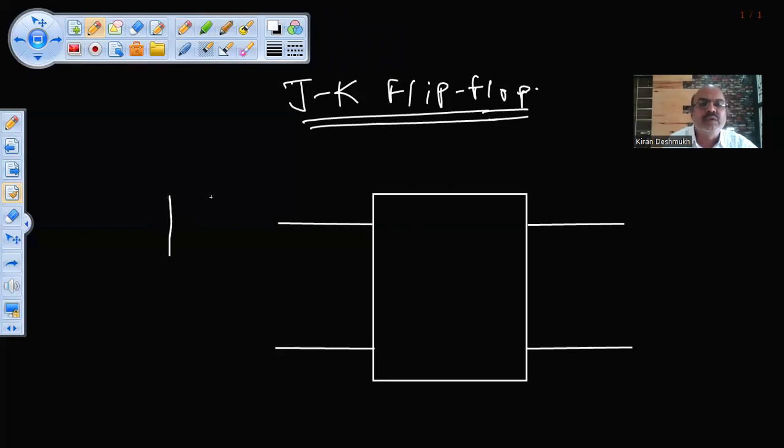Instead of using a two input AND gate, now I will be using a three input AND gate.